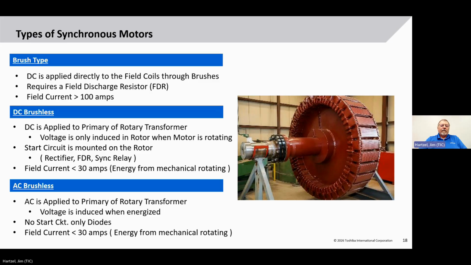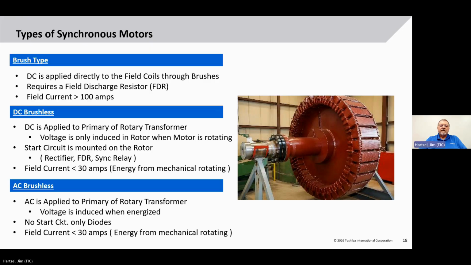Okay, now the problem with that, or not problem, but it requires a field discharge resistor, and it also requires a lot of circuitry. When you look at a motor and you see that it has 100 amps or more of field current, it's typically going to be a brush type motor.